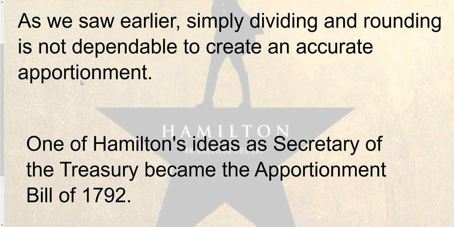He creates a way to apportion this because he realizes that somebody has to create this. Congress is going to have to approve it, but somebody has to write it, and so he decided to take this on. And his idea for apportionment eventually is liked and becomes the Apportionment Bill of 1792. And this is what it says.